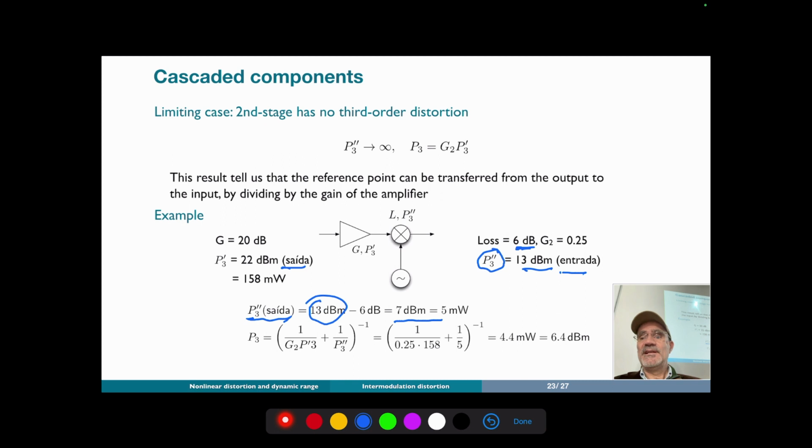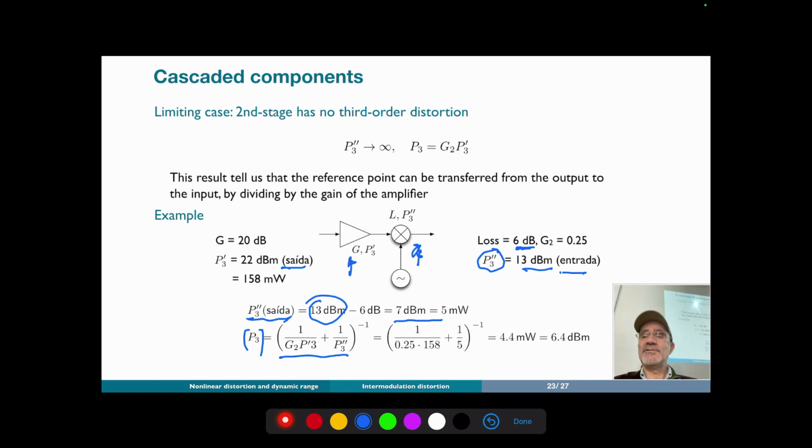Okay. And now by using the previous formula that we found for the equivalent of a cascade of two components, so we have an amplifier followed by the mixer, then we apply this equation here, and remember that in this equation the values of G, the gain, and the third order intersect point are all in a linear scale.